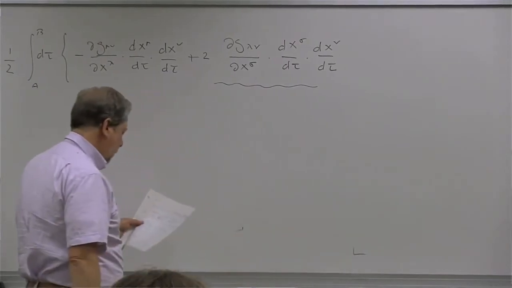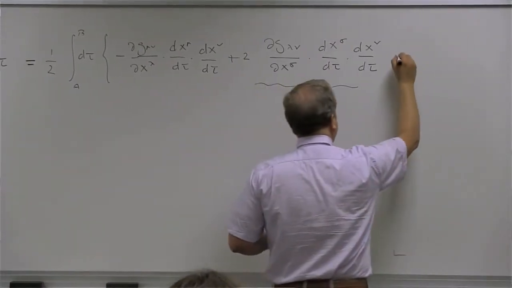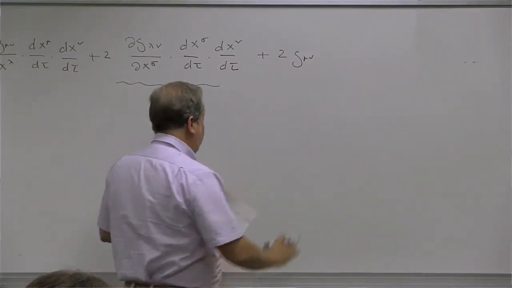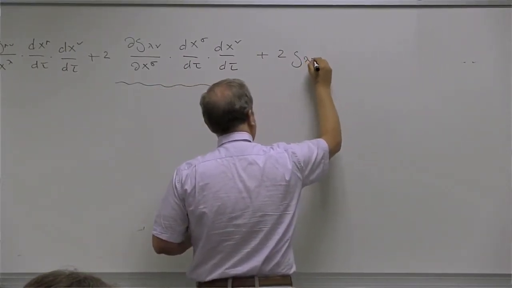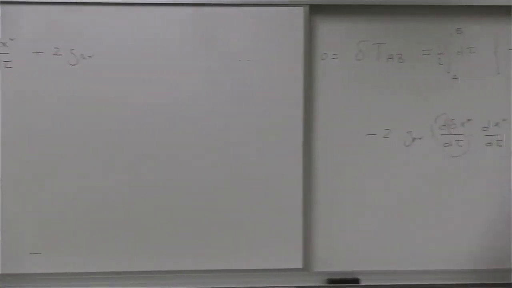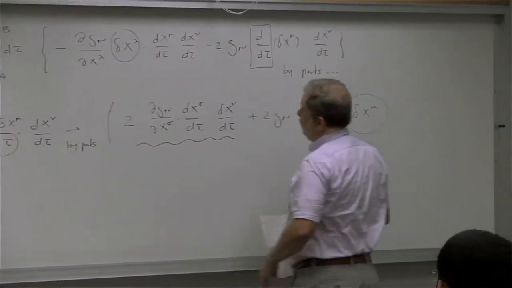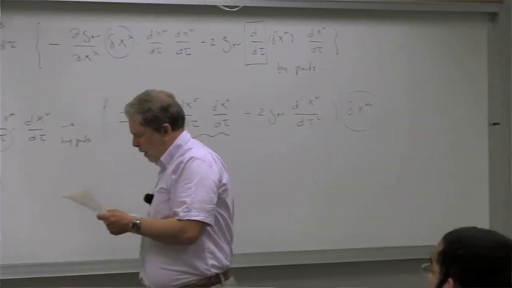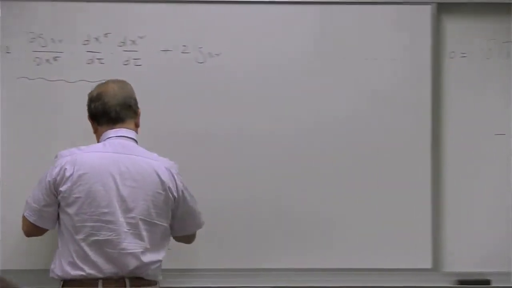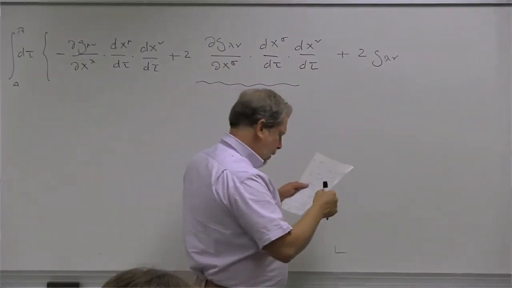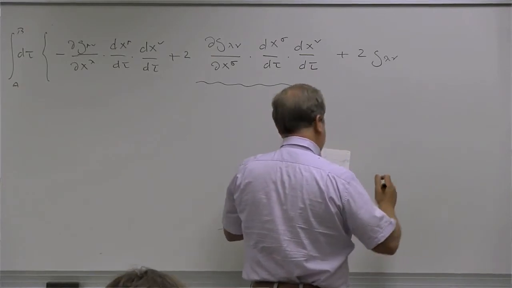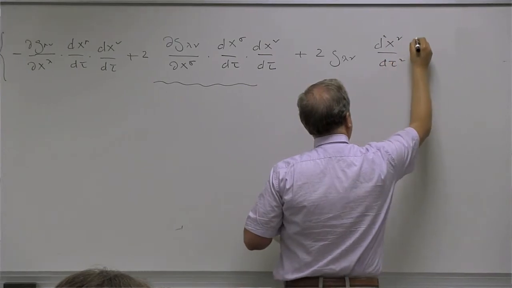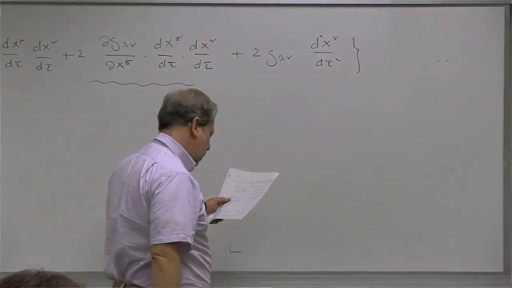And then the third term, so plus 2 g mu nu, or g lambda nu. We want to keep the indices as we have them here, because we want to factor out a dx lambda, and so we slightly relabel the indices and write this as g lambda nu times the second derivative of x nu with respect to tau squared, and we factor out a dx lambda.